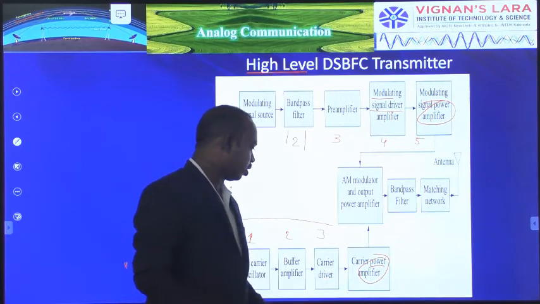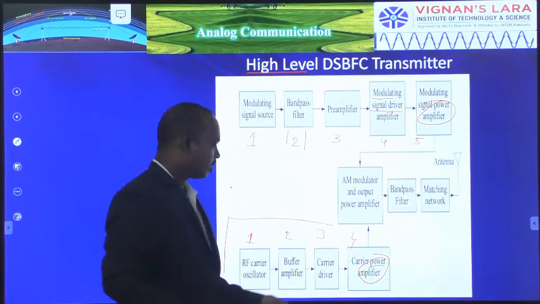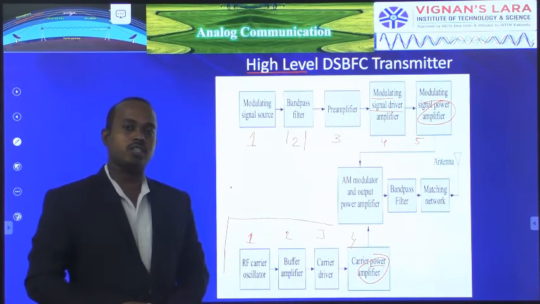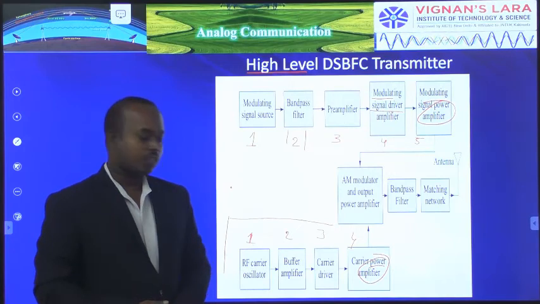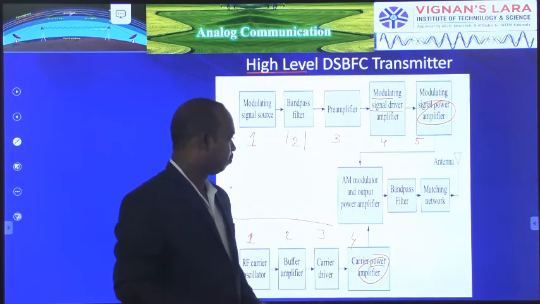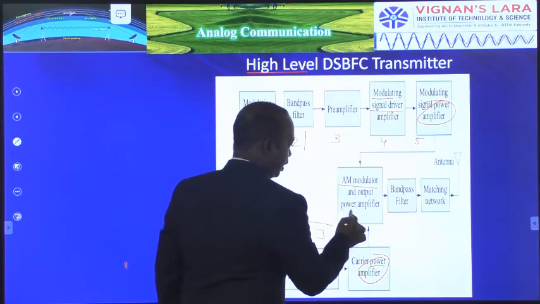The carrier driver output is delivered to the fourth block, the carrier power amplifier. Once the power of the carrier signal is increased, it is assigned to the AM modulator, and the output is the power amplifier.